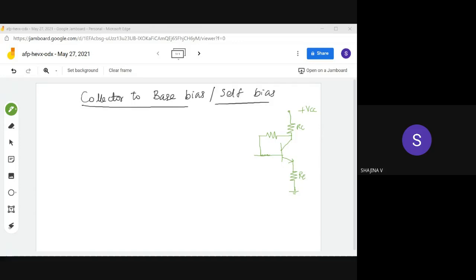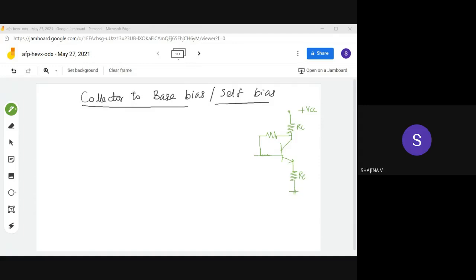As you know, for any transistor IE is equal to IC plus IB, and IC is equal to beta IB, plus IB. So I can write IE as 1 plus beta into IB. So I can substitute this value here, IE is equal to 1 plus beta into IB, that is equal to 0.